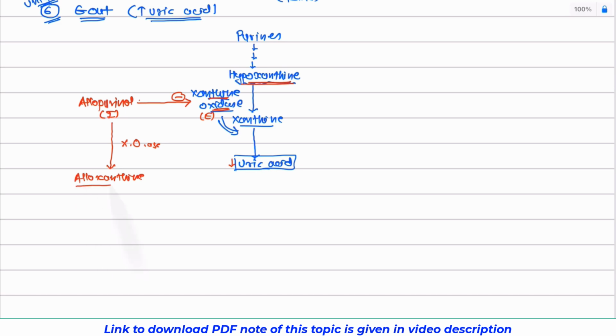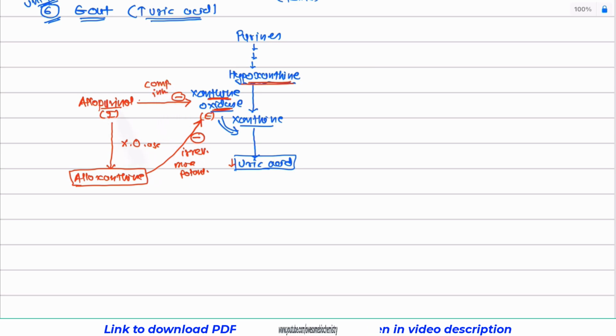Now this alloxanthine is actually a more potent and irreversible inhibitor of xanthine oxidase. This kind of inhibition is irreversible and more potent, right? So remember, allopurinol directly inhibits xanthine oxidase. That is a competitive inhibition.